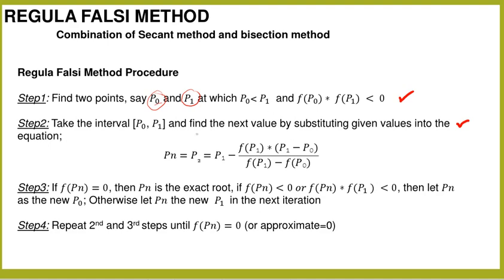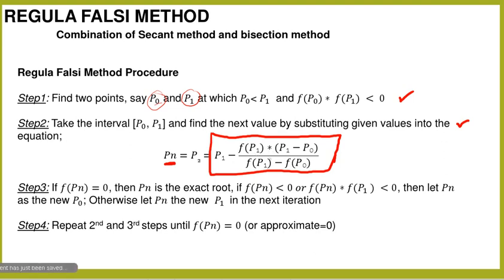So, para makuha itong Pn natin, we just have to use this equation. So, we have P1 minus the function of P1 multiplied by the P1 minus P0 over the function of P1 minus function of P0. This is actually yung equation din natin sa pagkuha ng interval doon sa ating secant method.